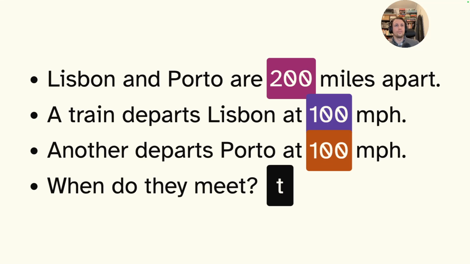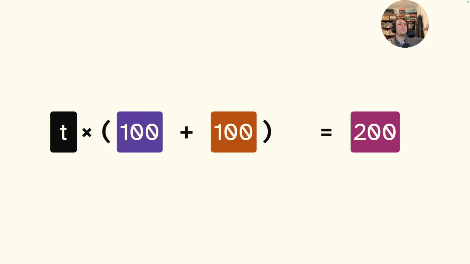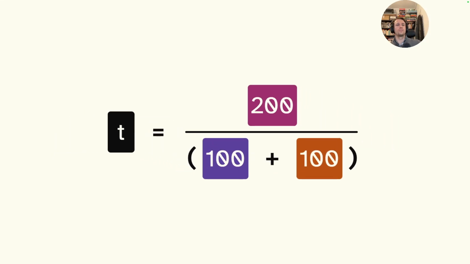The way you solve this is by taking the speeds, multiplying them by the unknown time, which should total the distance they have to cover. Now you rearrange the equation, you put the t out, you add the two numbers, and then you move the numbers to the other side and divide, and that's how you get to the 1 hour answer, because 200 divided by 200 is, surprise, surprise, 1.